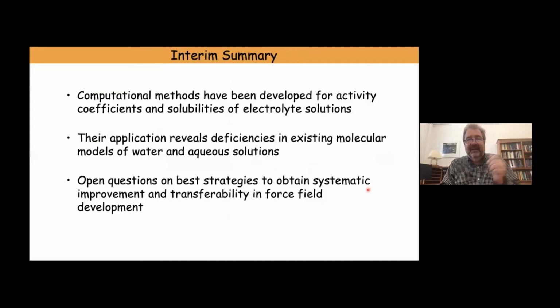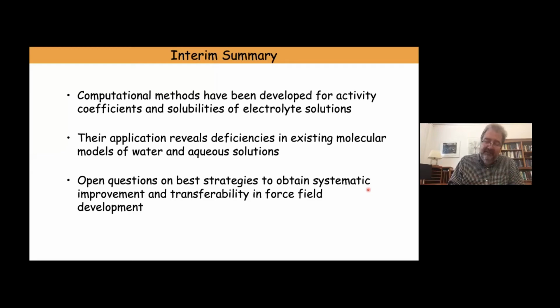So let's close here the discussion of the activity coefficients and solubility, saying we have the computational methods which reveal that there are deficiencies in existing models of water and aqueous solutions, and we have quite open questions on the best strategies to get systematic improvement.